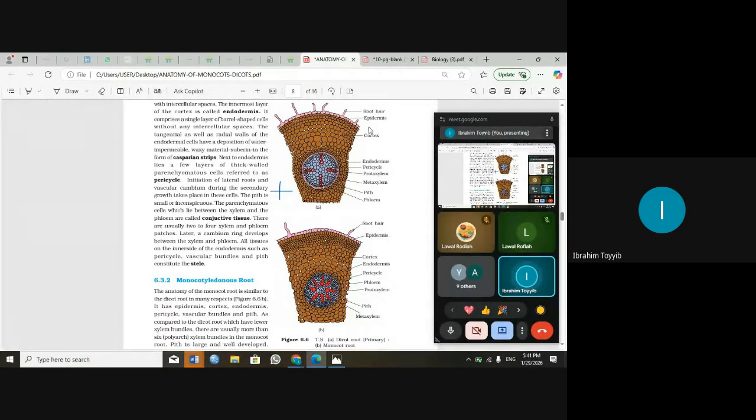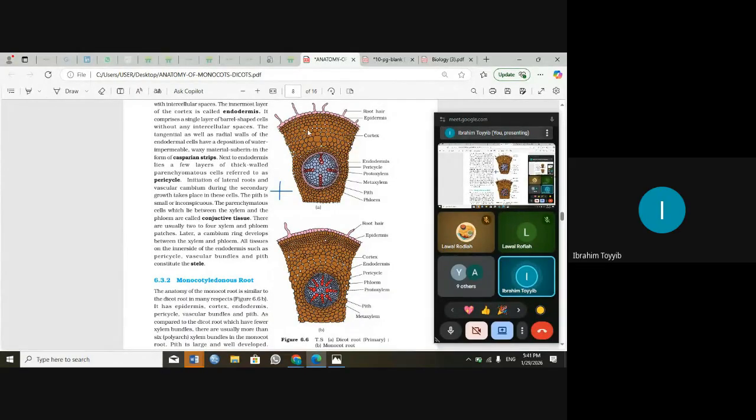So now let's look at the diagram of a dicot root. This is the root here. This is the epidermis, the outermost layer. What can we find in the epidermis? We can find tissue like sclerenchyma to give support and rigidity. Look at the cortex in between the epidermis and the endodermis.